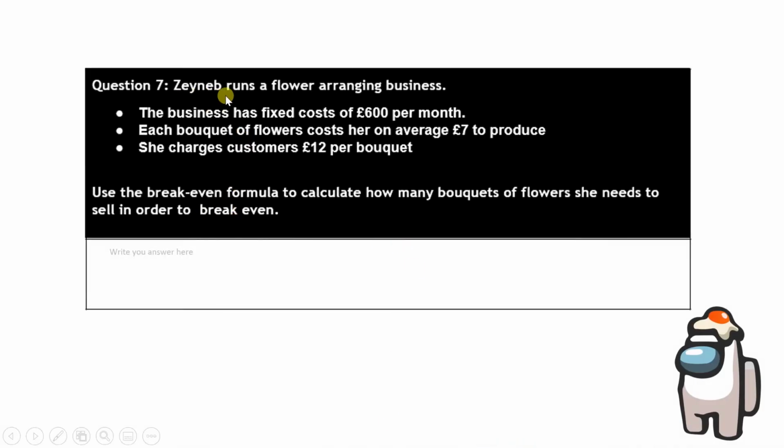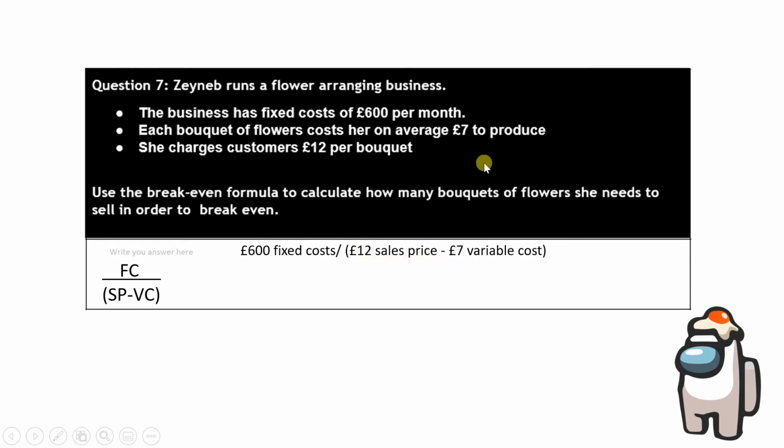Question 7, Zainab and the flower arranging business. Before we start though, it's always good practice to write down the break-even formula. According to the question, it is £600 fixed cost divided by £12 for sales price per bouquet.